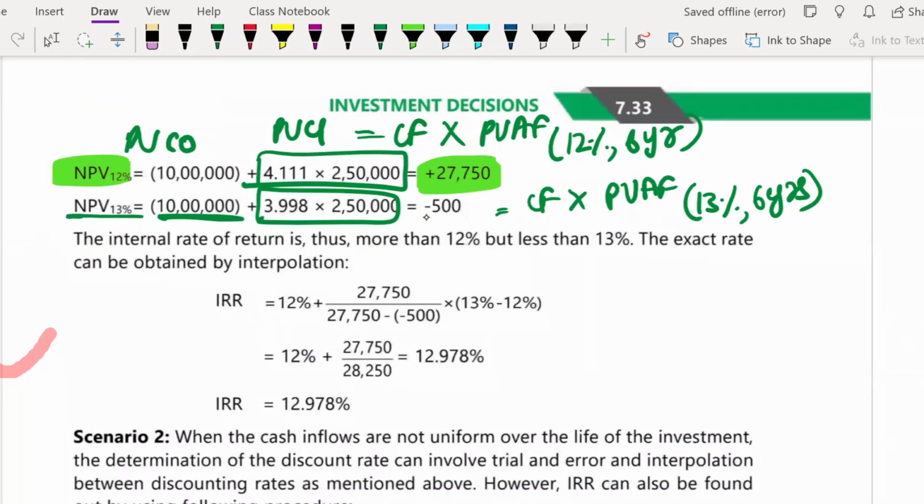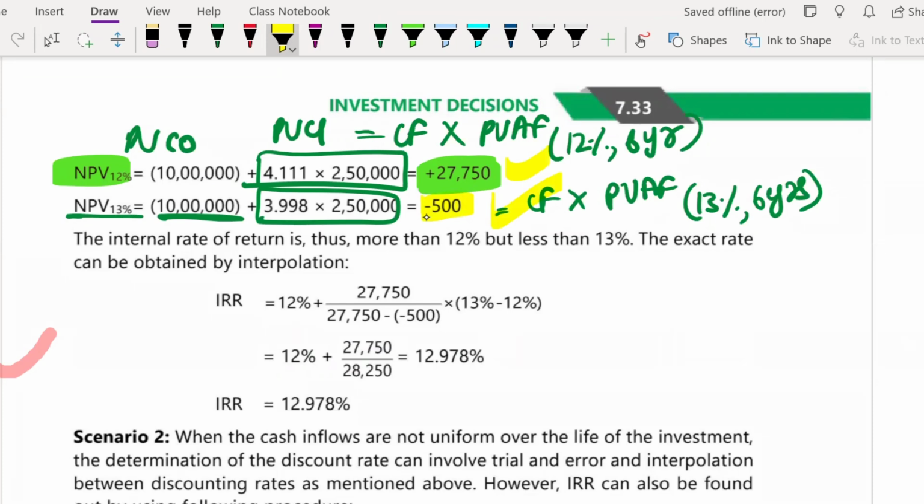First I'll explain the concept, then we'll move on to how we calculate PVAF. So you have a positive NPV and a negative NPV here. That means the rate at which NPV is 0 will lie between these two.